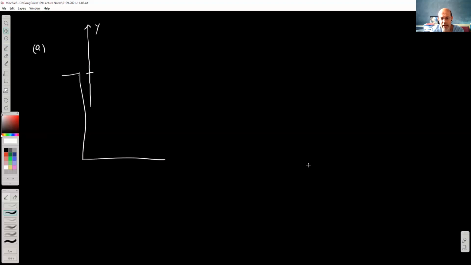And I can also choose the reference frame like this, let me use a yellow color for this one, where the y-axis is pointing downward. The origin in both cases is here at the level where the rock is thrown. I'm going to first solve with this and then solve with that.